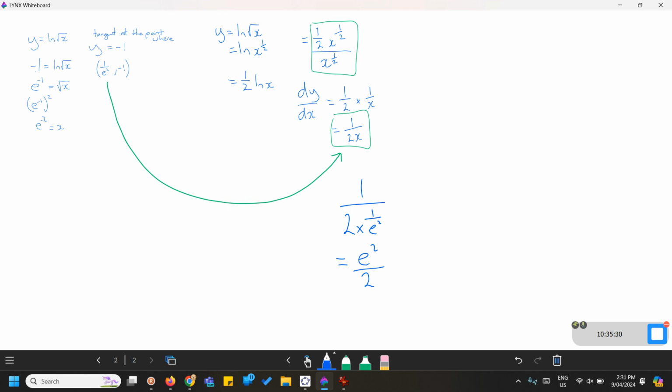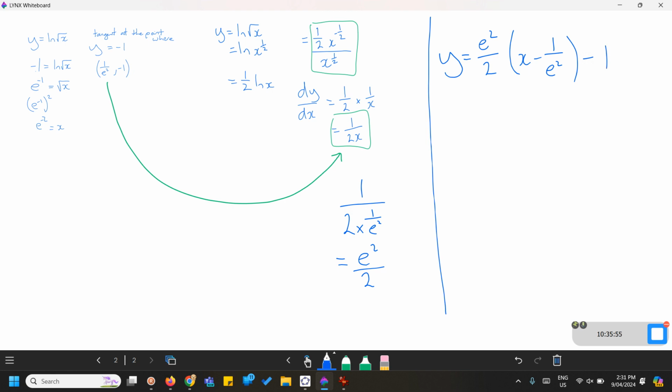Now we put it all into our formula of the tangent. y equals the slope, e squared over 2, times x minus the x coordinate, which is 1 over e squared, plus the y coordinate, which is negative here, so negative 1.